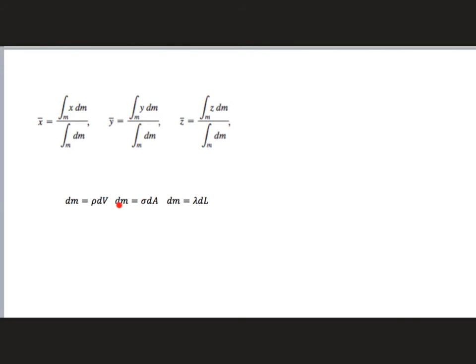That gives me the little piece of mass contained in a little piece of area. And then if I'm looking at a segment of a wire or a line, the mass is lambda dl, where lambda is, of course, the linear mass density, the total mass divided by the length of the line. That's the density, mass per length, times the length dl. That gives me the amount of mass in that length of line dl.